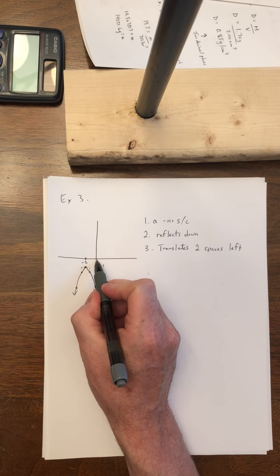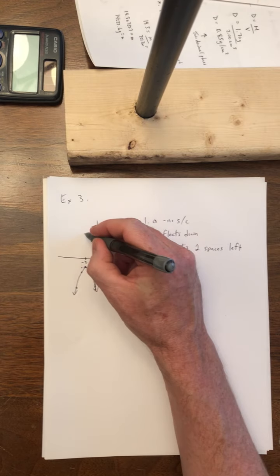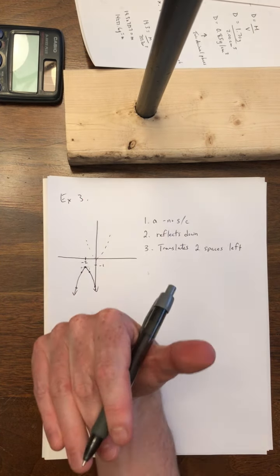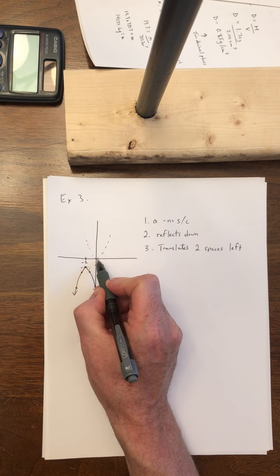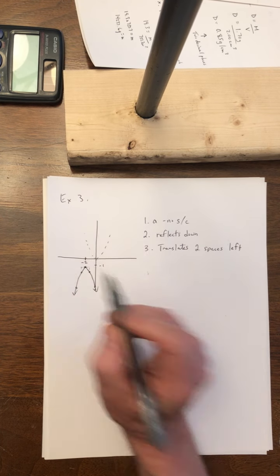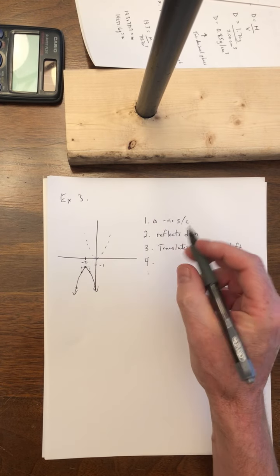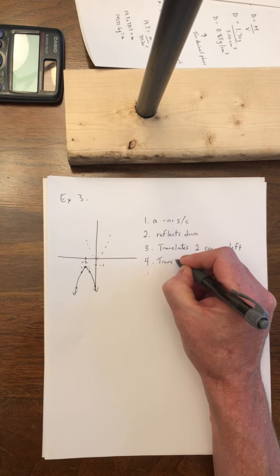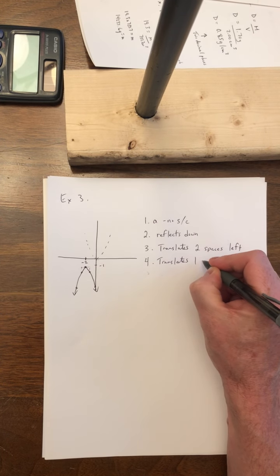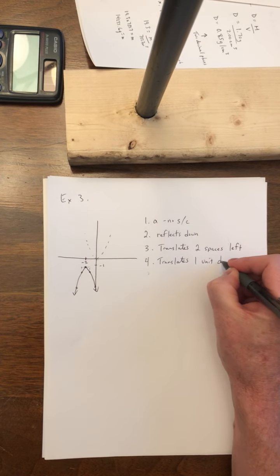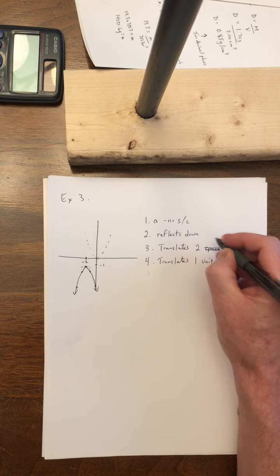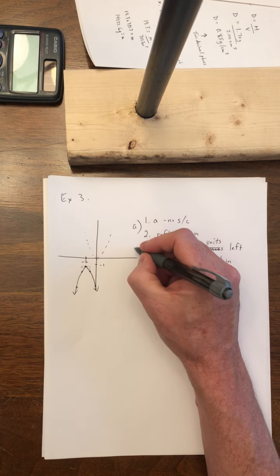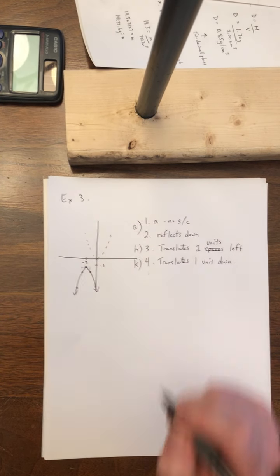So from the vertex here, where it originally was with our original, we've reflected down, and we've gone 2 spaces left, and the fourth would be our K, and it translates 1 unit down. And I probably, instead of spaces, should write the word unit. So we're always dealing with A first, then our H, then our K.